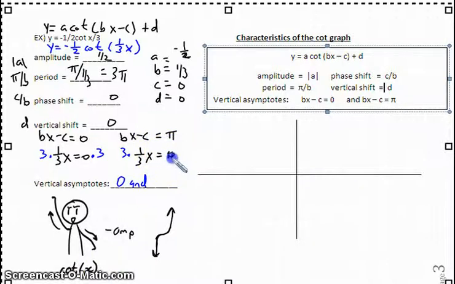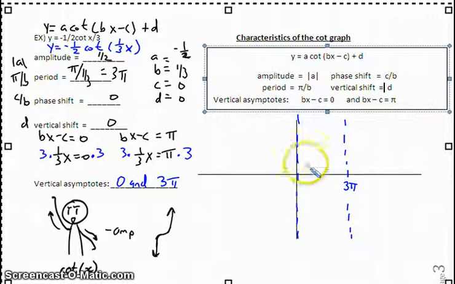Sorry about that, it should be a pi from here. So when I multiply pi by 3, I end up with 3 pi. So vertical asymptote at 0, vertical asymptote at 3 pi.